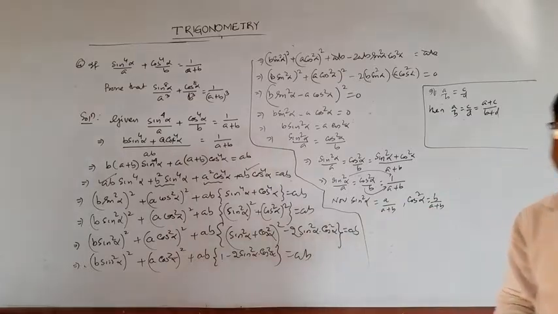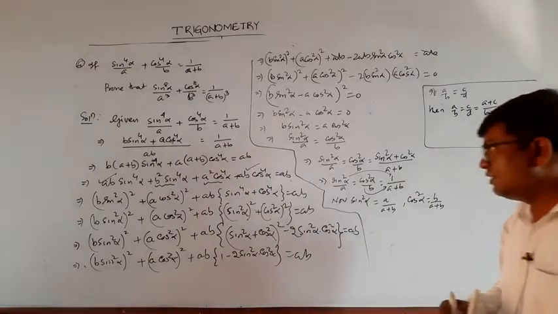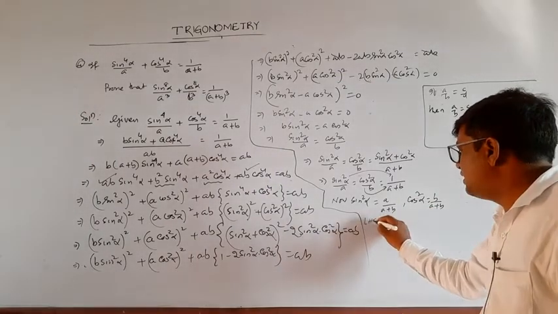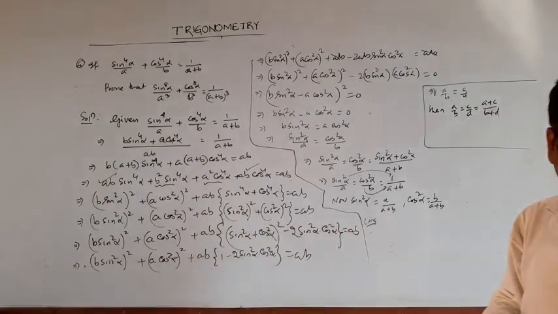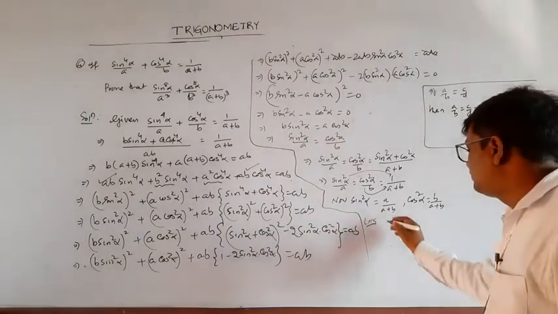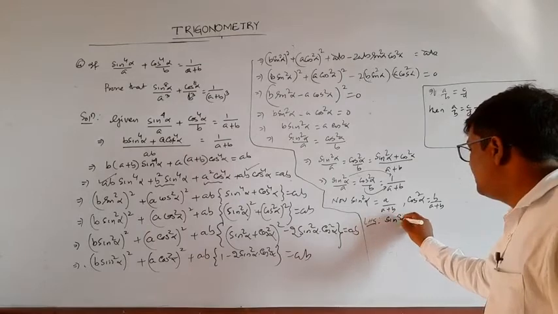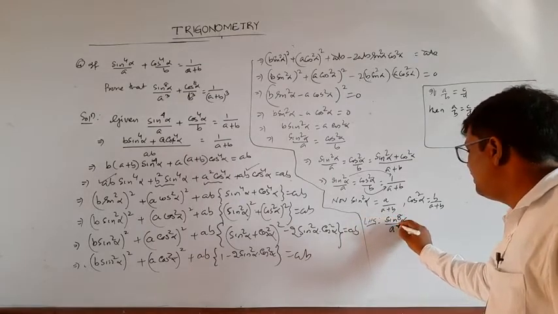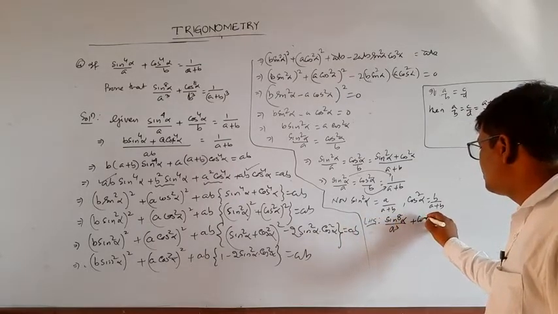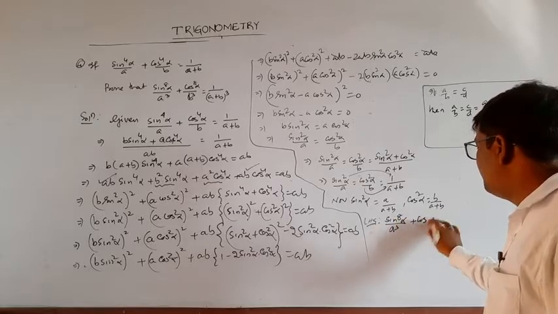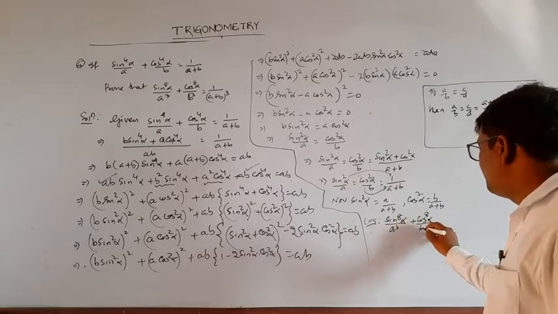Now the left hand side. What is the left hand side? That is sin⁸α by a³ plus cos⁸α by b³.